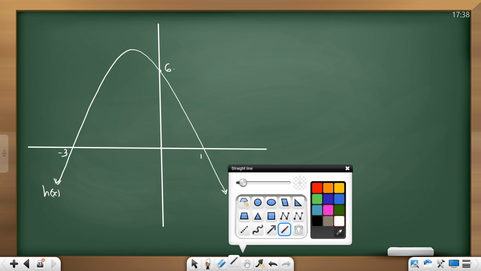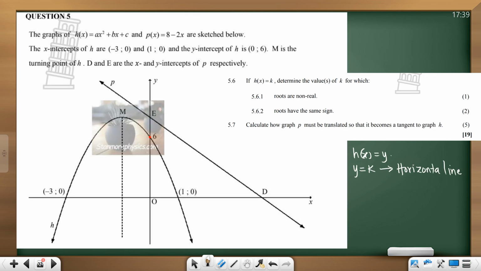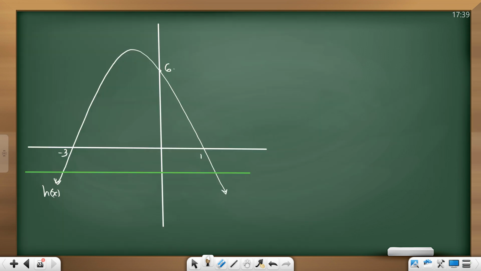Okay, so let's take a horizontal line. What is it? The first one. Roots are non-real. Beautiful. Non-real. Remember what non-real means. It means no point of intersection.